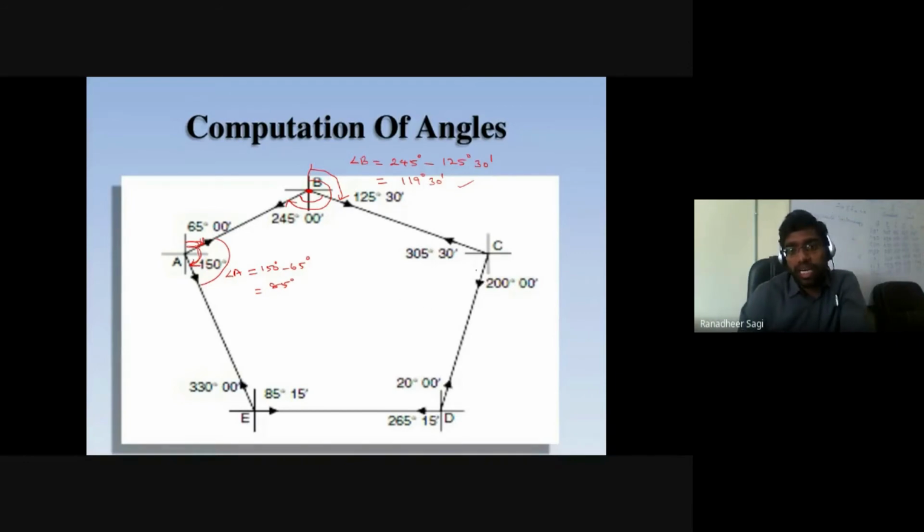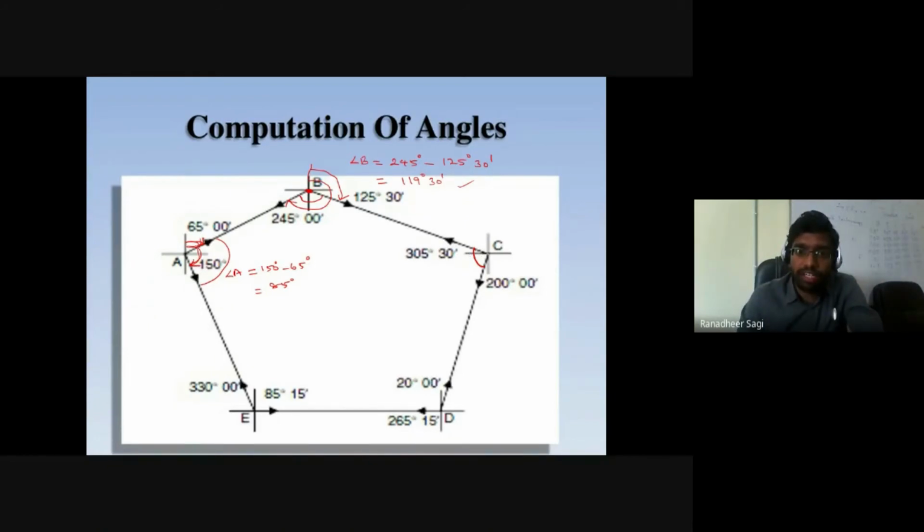Now, likewise, if I want to calculate the interior angle at point C, that interior angle is nothing but this angle. What is this angle equal to? It is the angle between the two survey lines, CD and the survey line coming from B to C. For the survey line coming from B to C, what should the bearing be called with respect to station C?